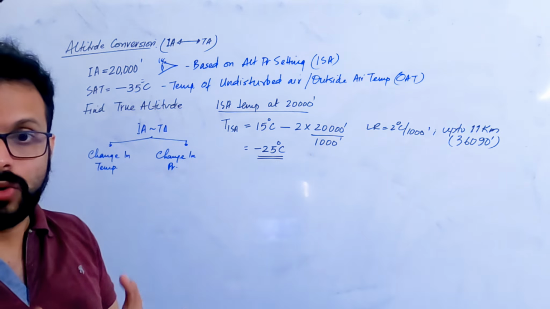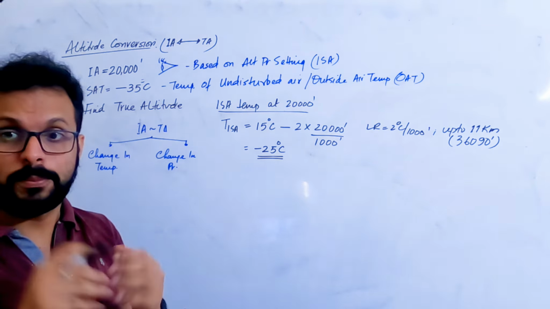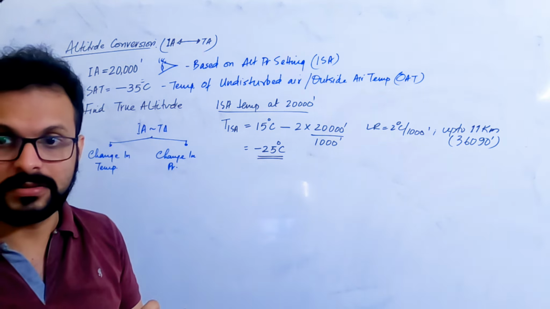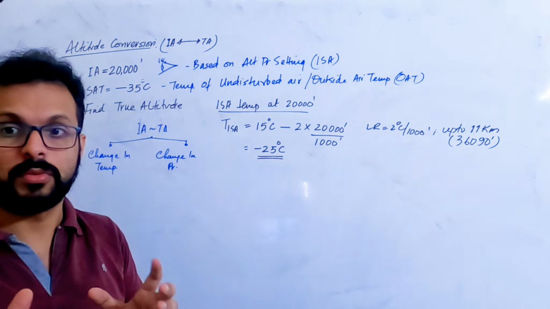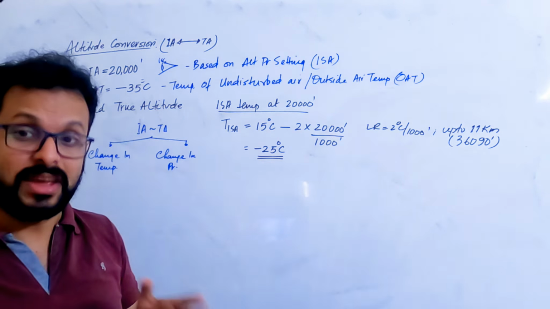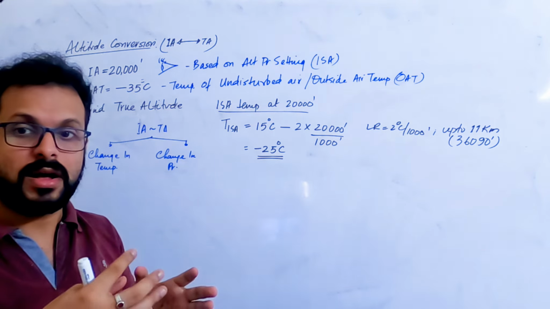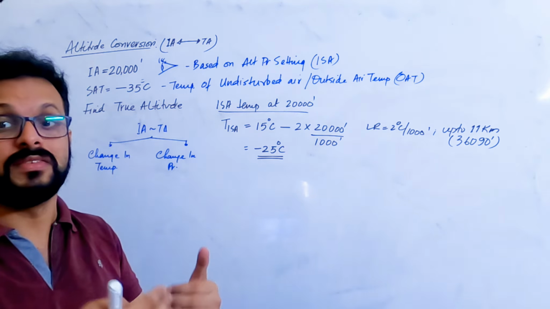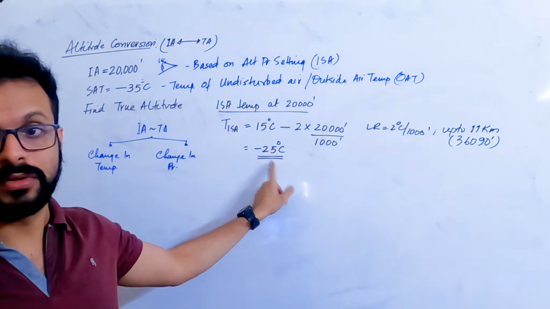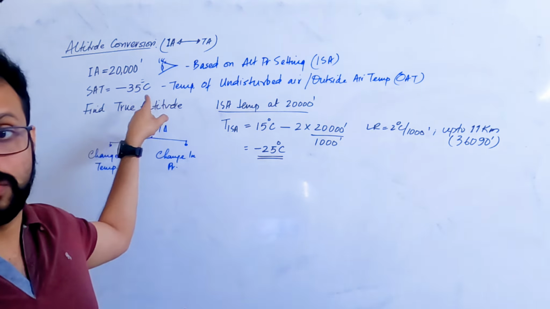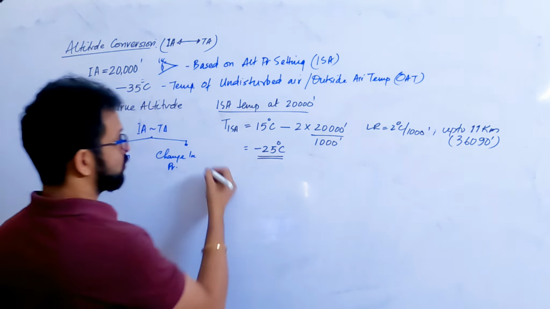Make sense? To help the aircraft understand this, we have devised a term called ISA deviation, which talks about how far the actual conditions have deviated from the ISA value. This is the ISA value, this is the actual value, the static air temperature. So let's find that out.